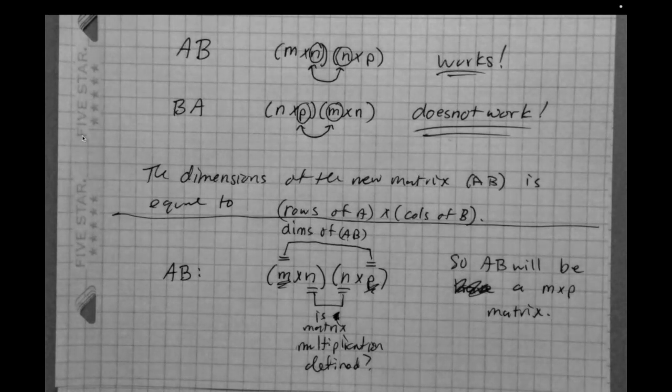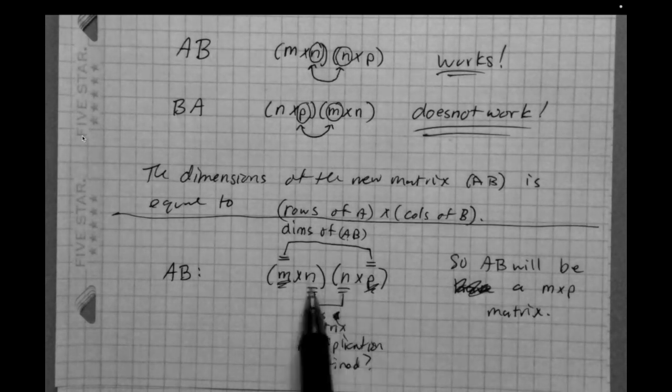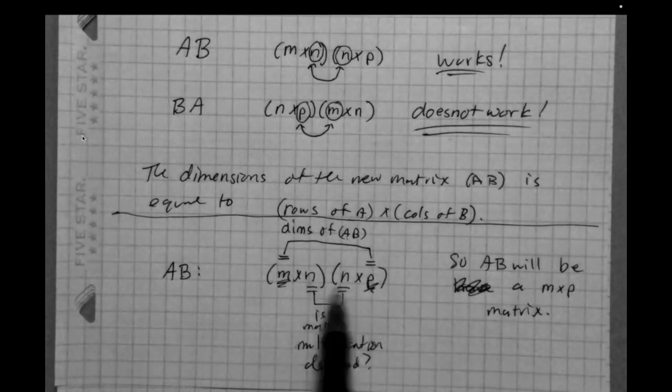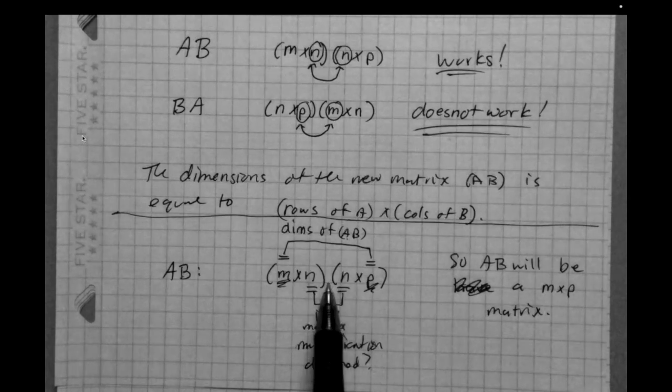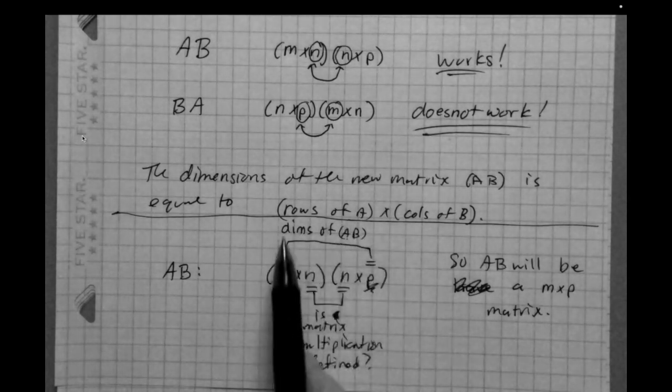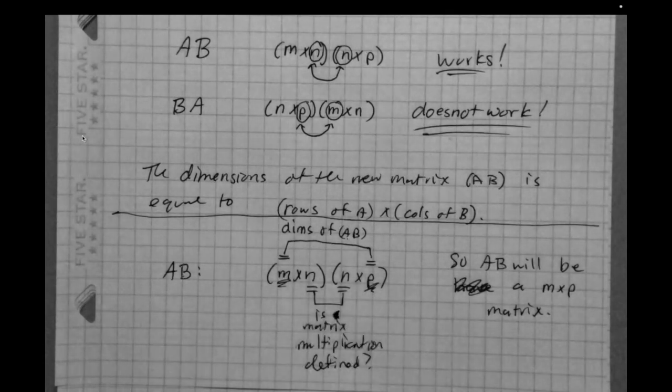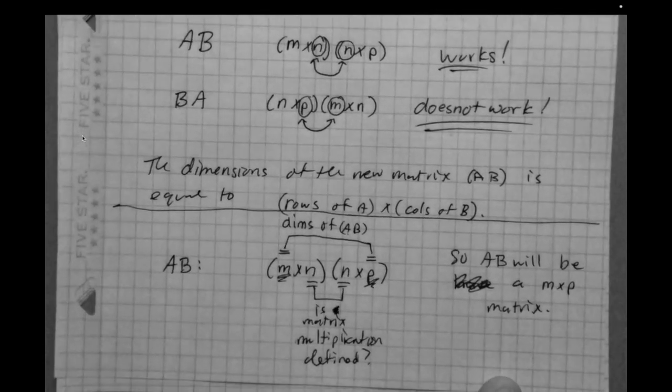You have to first of all determine whether matrix multiplication is defined using the columns of the first matrix and the rows of the second matrix, i.e. the inside numbers. And then once that's done, the dimensions of the product are determined by the outside numbers. Okay, let's do an example.